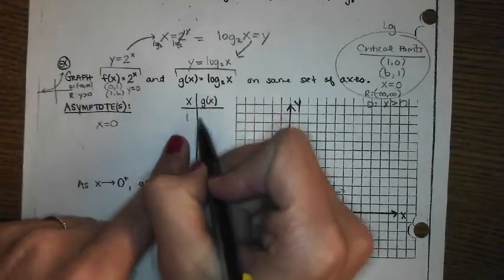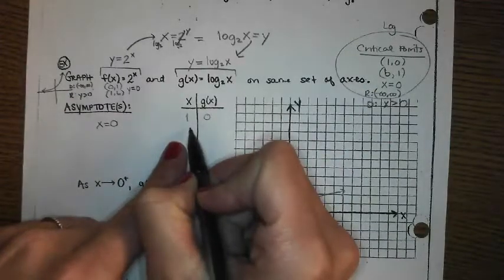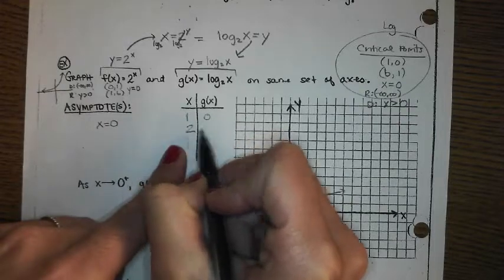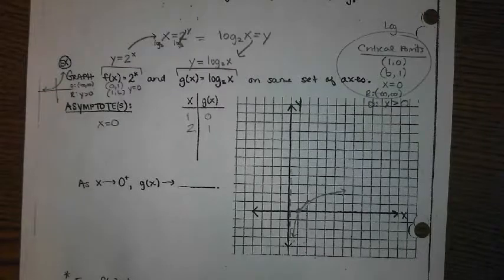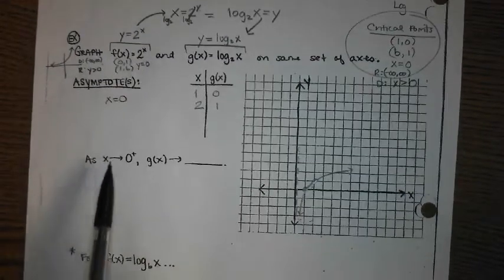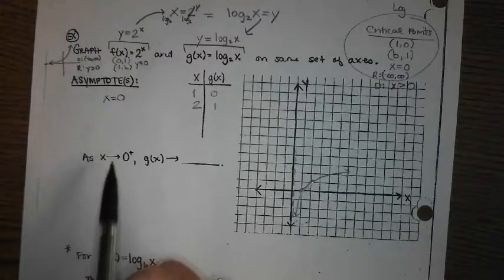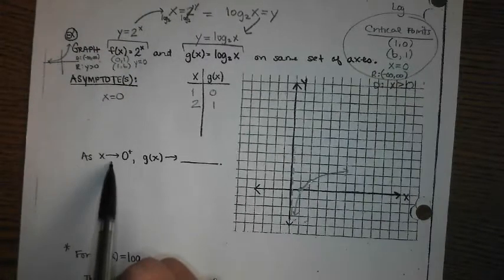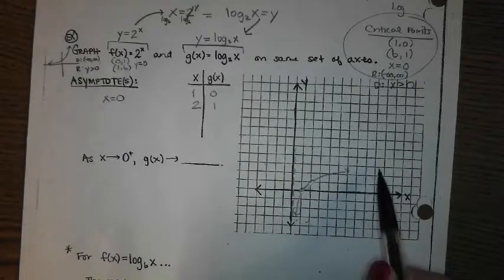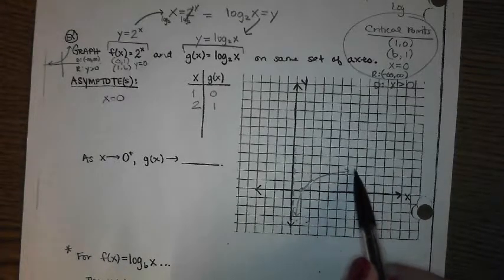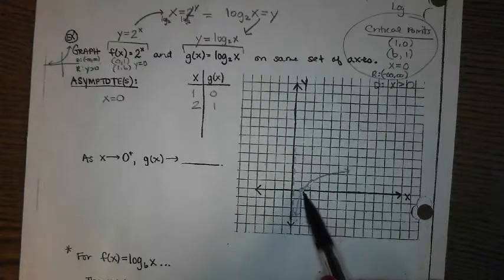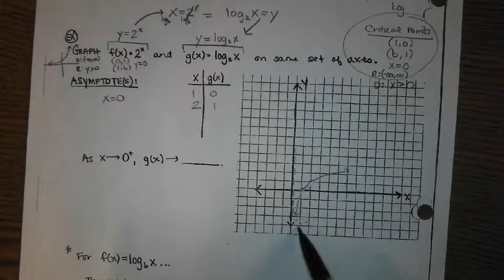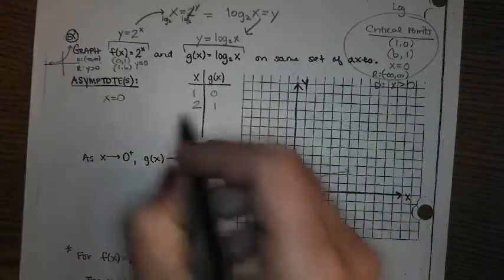And the points are 1, 0, and b, 1, which in this case is 2, 1. Now, remember this notation. As my x-coordinates are approaching 0 from the right, so I'm tracing along my function going towards 0 from the right, what's happening to my function value? Good.